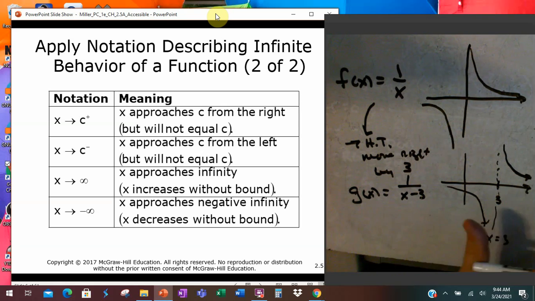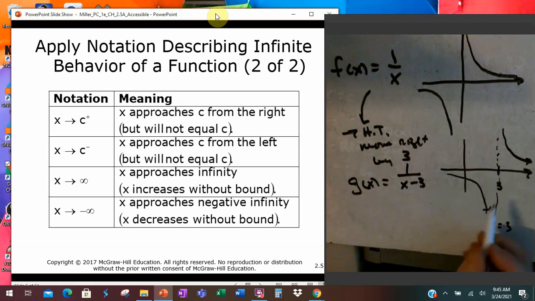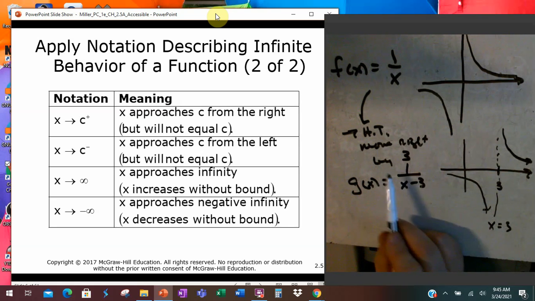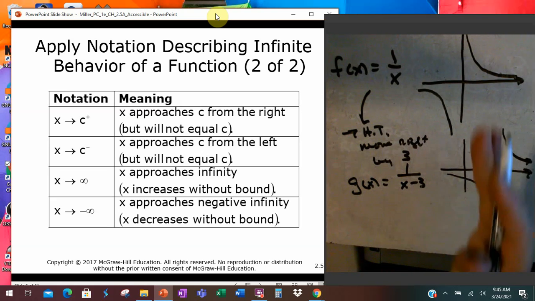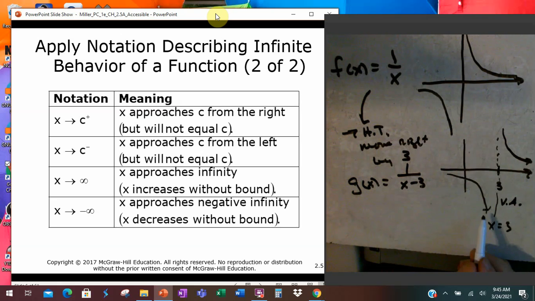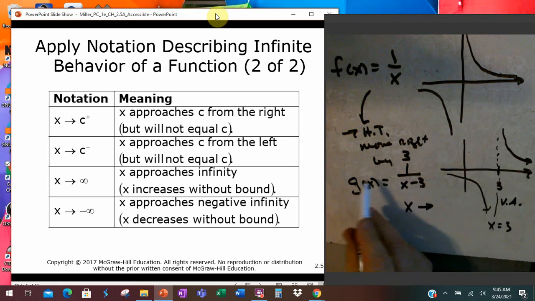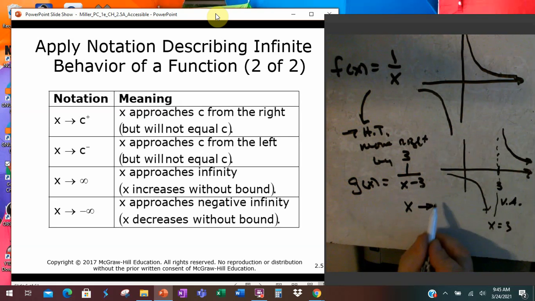Now this infinite behavior stuff says if I start from here and I'm looking for one of these vertical asymptotes, this thing is called a vertical asymptote, by the way. It's a vertical line, and this thing blows up. The notation I'm going to use is x goes not to negative infinity or plus infinity, but to 3, and I'm letting you know I'm going from the negative side, the left side, with this little minus sign right here.